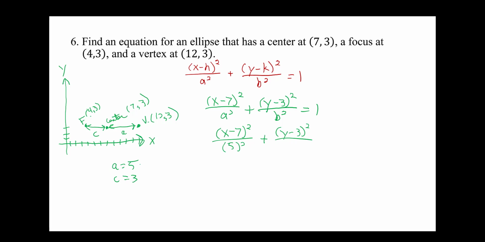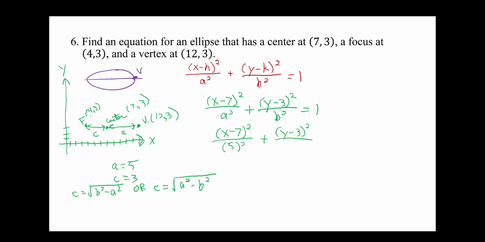Okay, so with an ellipse, we have either c equals the square root of b squared minus a squared, or c equals the square root of a squared minus b squared. The way we figure that out is this ellipse is going in the horizontal direction, and we can tell that because we have a vertex right here.